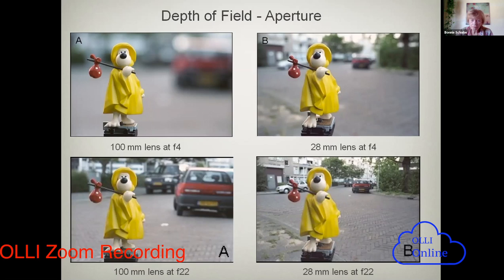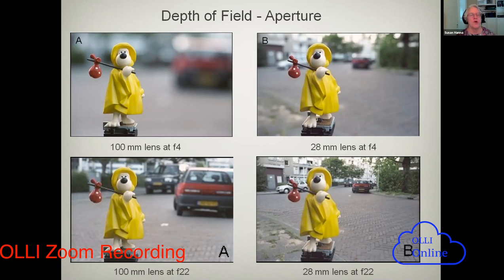Yeah. Now, one of the ways that I was taught that was not to say a small F number is a large lens opening, but that a small number is a small depth of field. Exactly. Thank you, Sue.